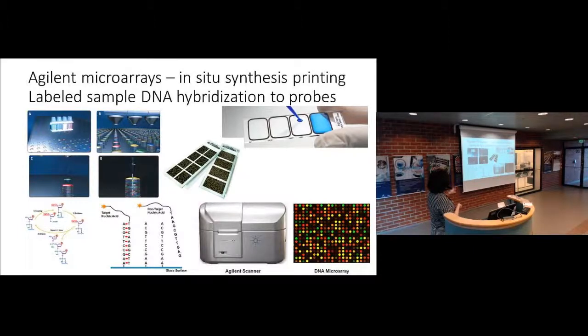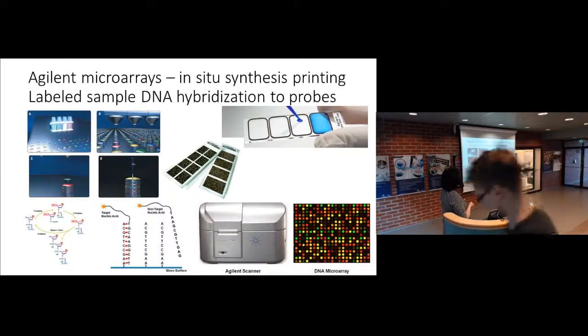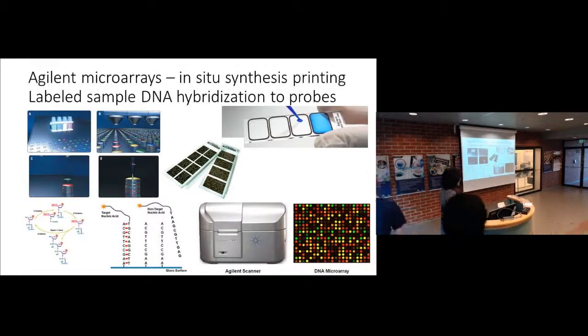In each spot there are certain oligos only, and then you hybridize your DNA to that chip, and the more there is of a certain gene presented or expressed in the sample, the higher is the signal, because these use fluorescent labeling. The target DNA is fluorescently labeled first, so then you can measure the signals from the spots, and you can do it also with two colors from the same sample or sample mix.